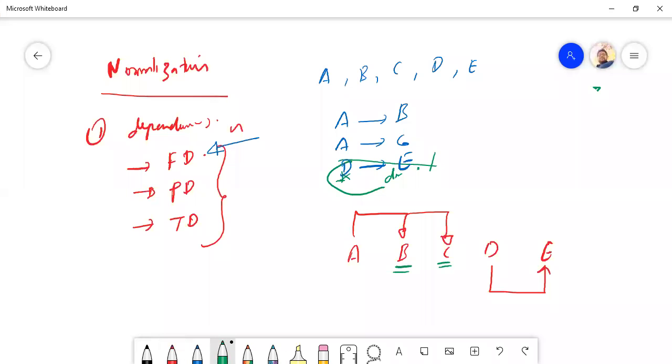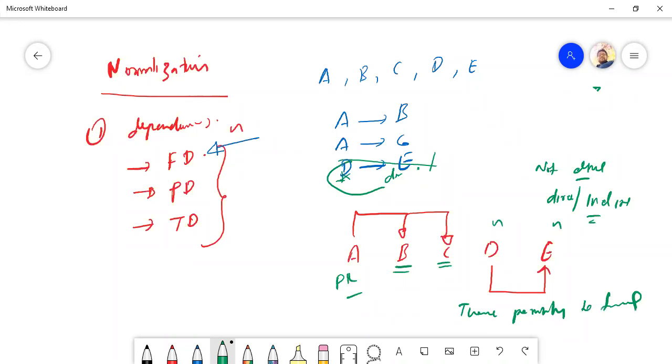Now you can see B and C depend on the primary key, but D and E do not depend on it, either directly or indirectly. So there is a possibility to find a multi-value attribute.